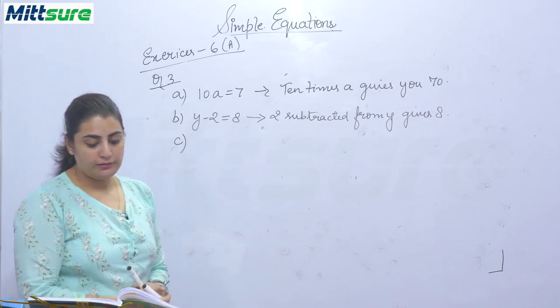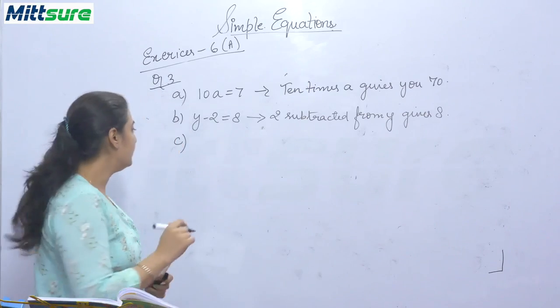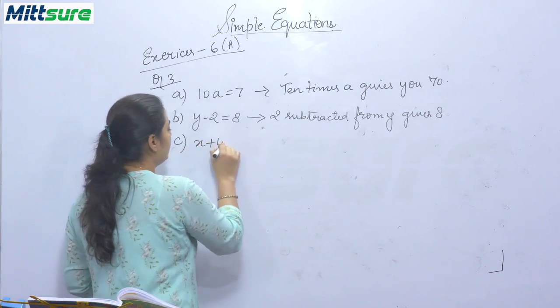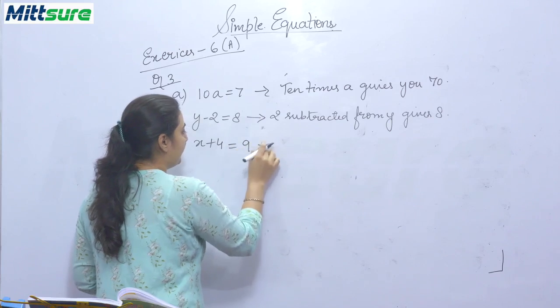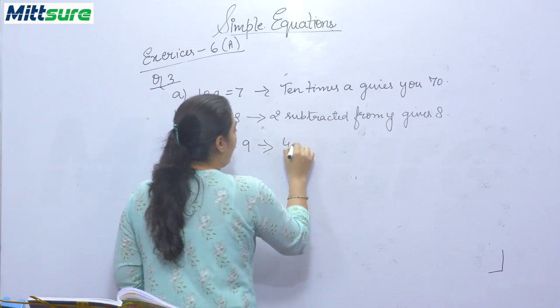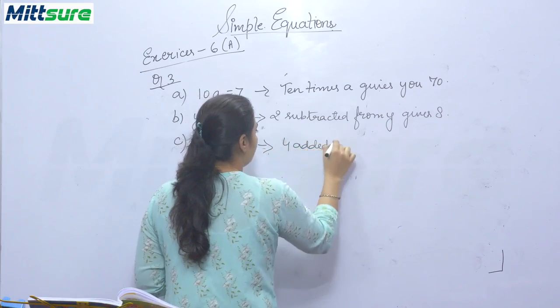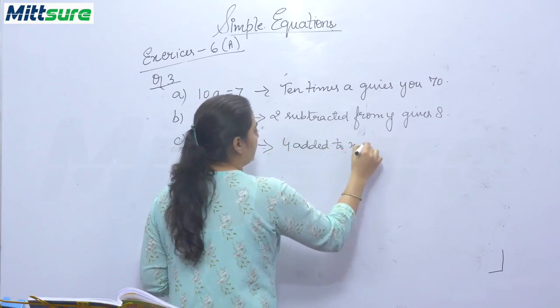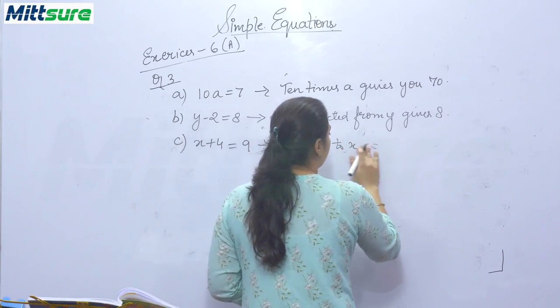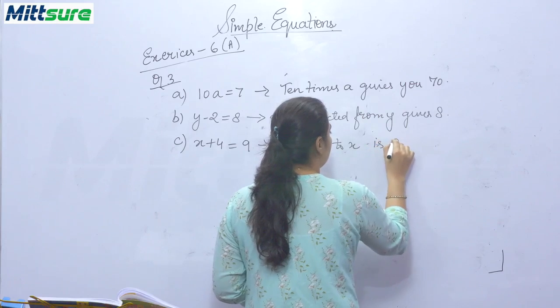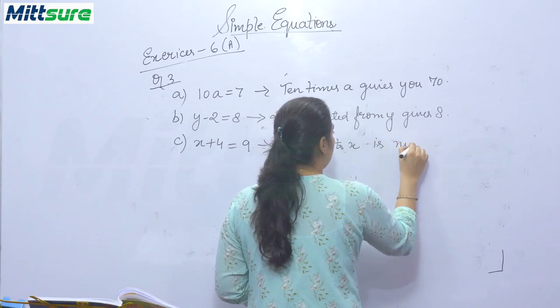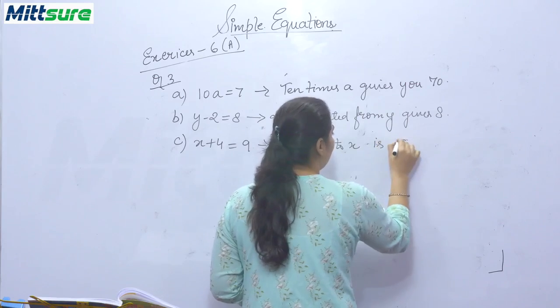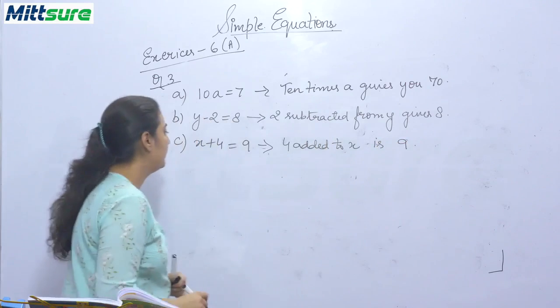Now see. C talks about x plus 4 equals 9. x plus 4 equals 9. 4 added to x is 9, or you can write numerical 9 also. Right?